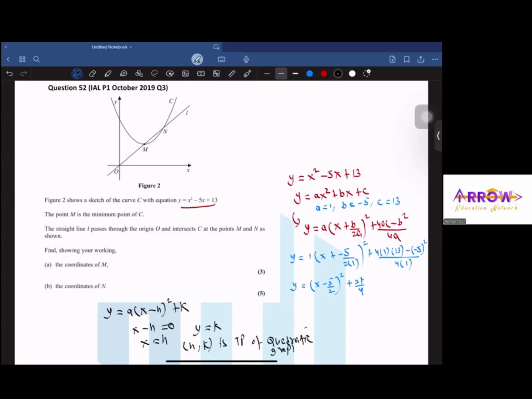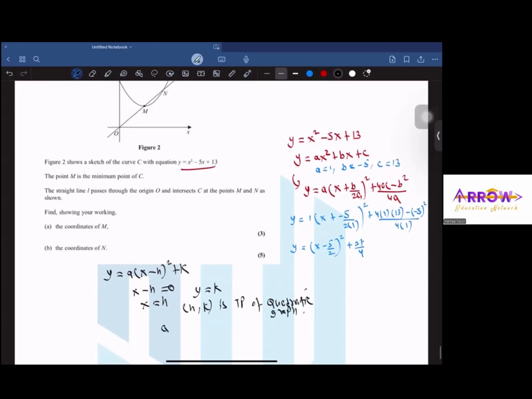If the coefficient of x squared is positive, meaning a is positive, the turning point is a minimum. And if a is less than 0, if the coefficient of x squared is negative, the turning point is a maximum.